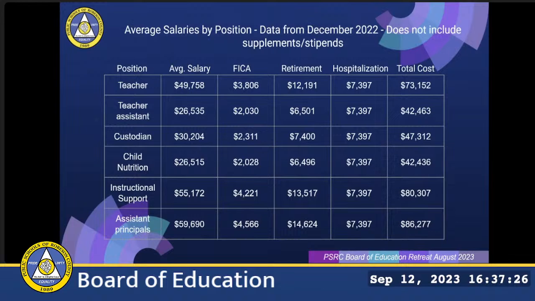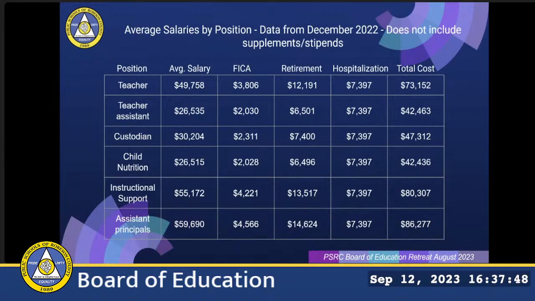I also wanted to show, with more than 80% of our budget going to pay salaries and benefits, what that looks like when you look at some of our more prominent positions. So when we talk about the salaries, that's not the only part that we as a district have to pay. We start with the salary.